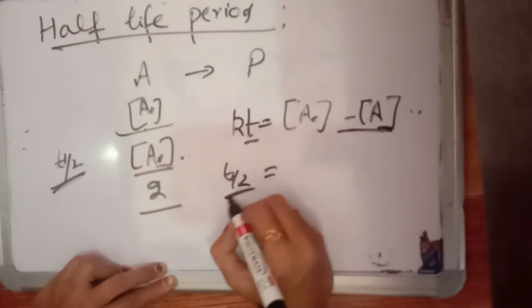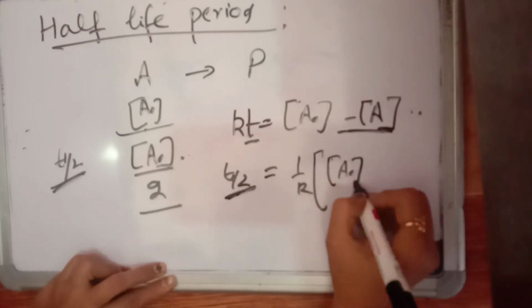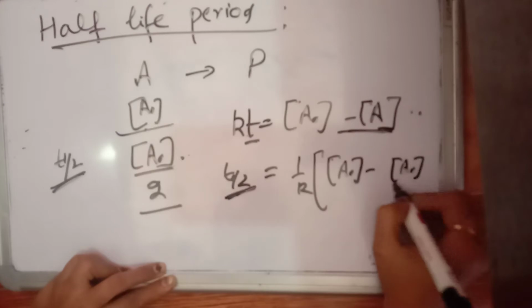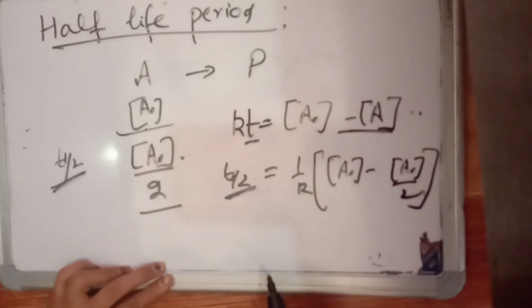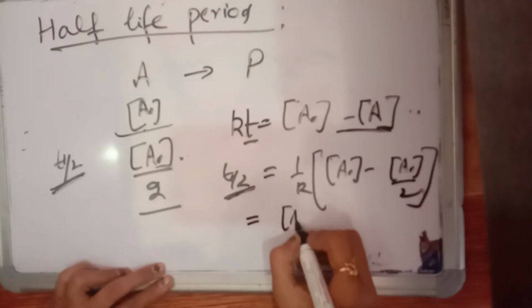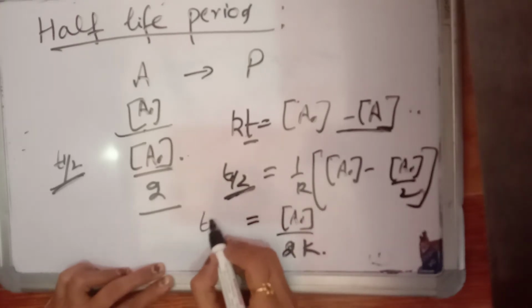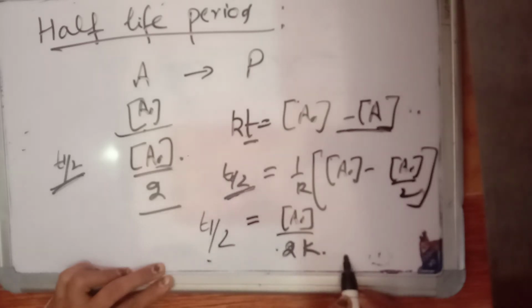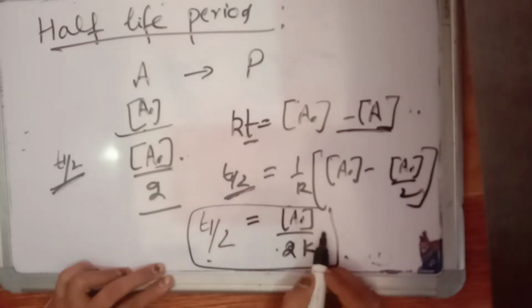We know that for t half, A will be equal to A naught by 2 because the concentration has been reduced to half. So it comes out to be t half equals A naught upon 2k. Okay. So this is the expression for half-life period of zero order reaction, and it is directly proportional to the concentration of reactants.